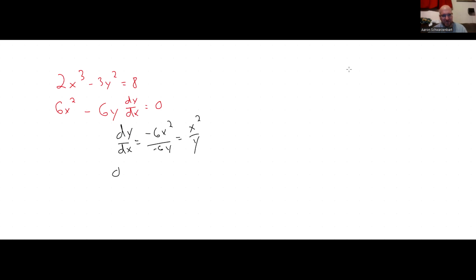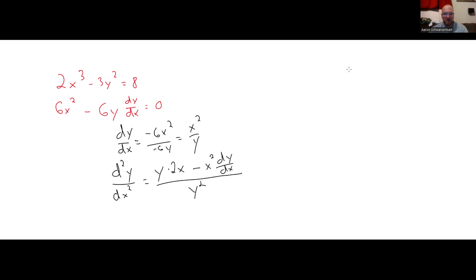Now I'm going to take the derivative again. When I take the derivative of dy/dx, I get d squared y over dx squared. For the other side, I need to use the quotient rule: bottom times derivative of top, which is 2x, minus top times derivative of bottom, all over bottom squared.